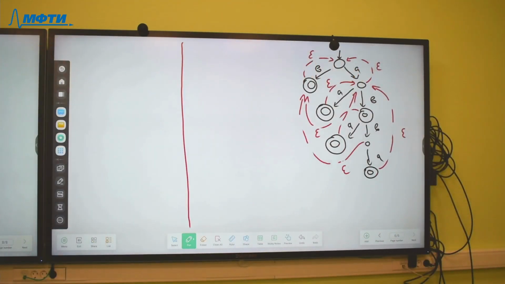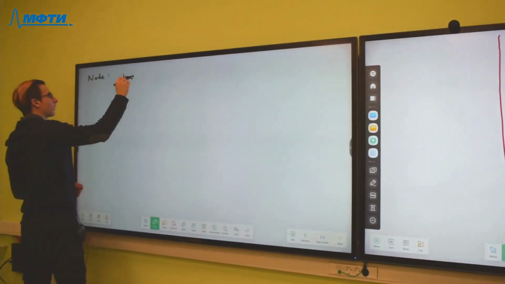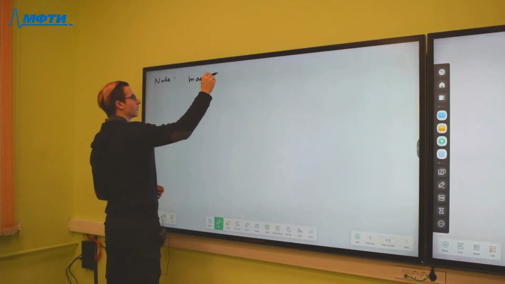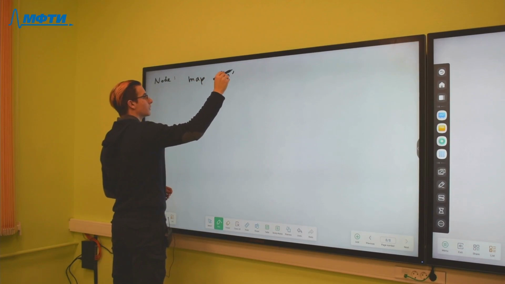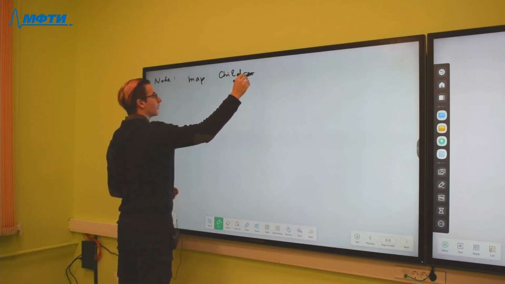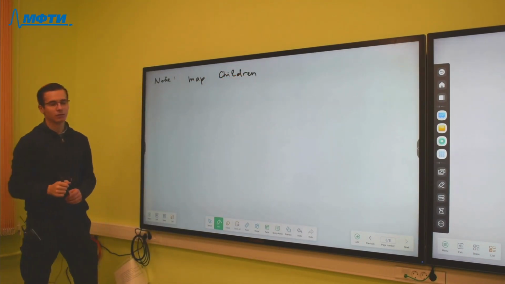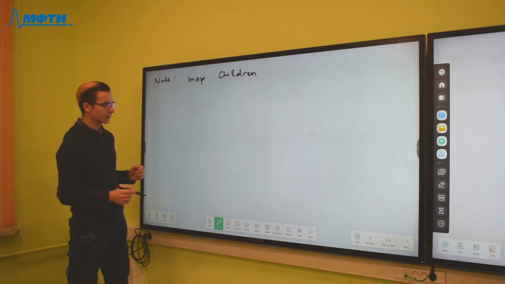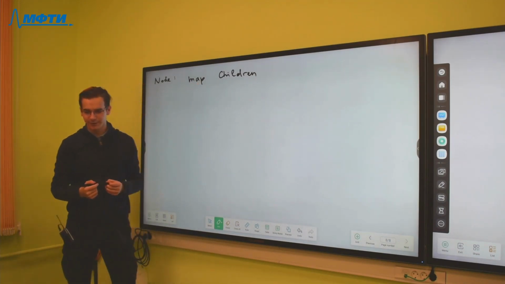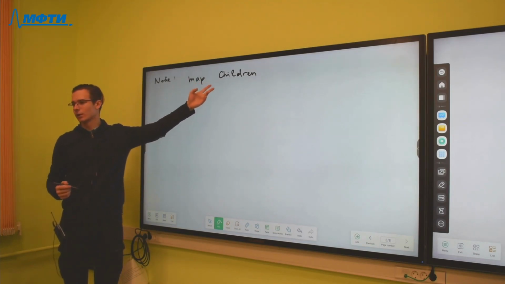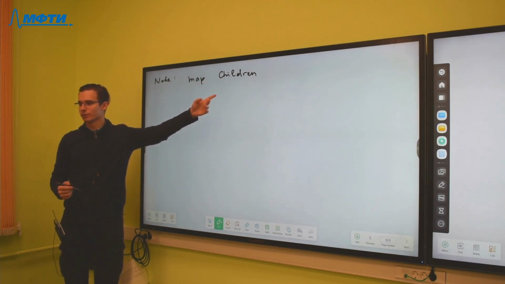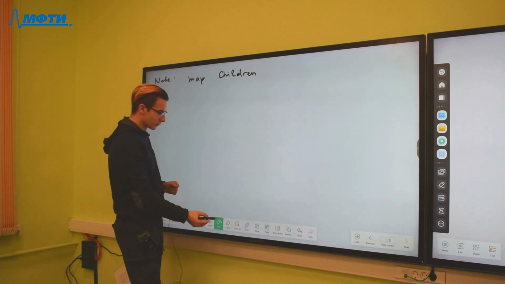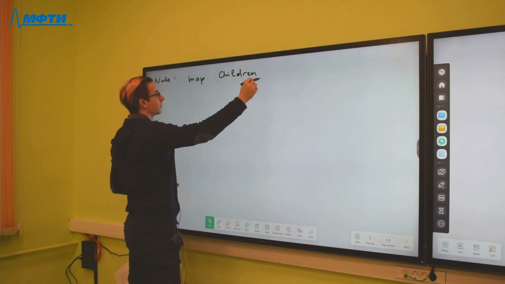Yeah, we can use a map, children. Map with the types character and node.